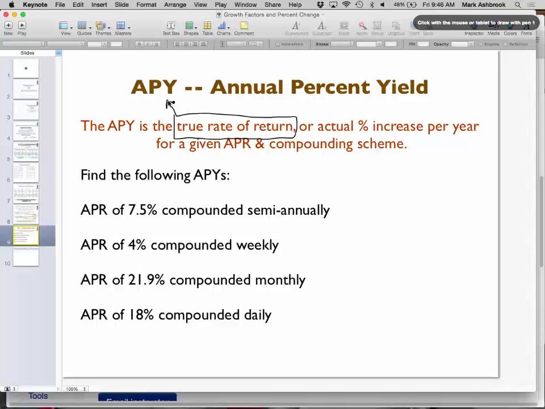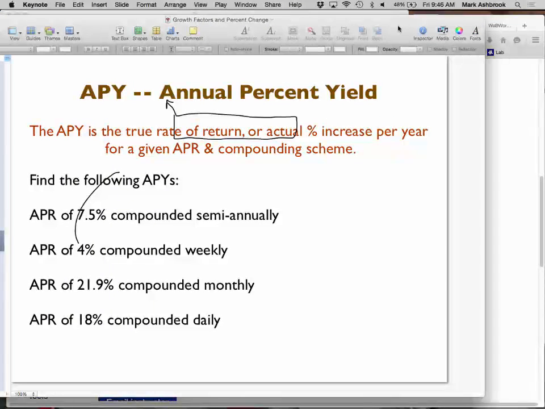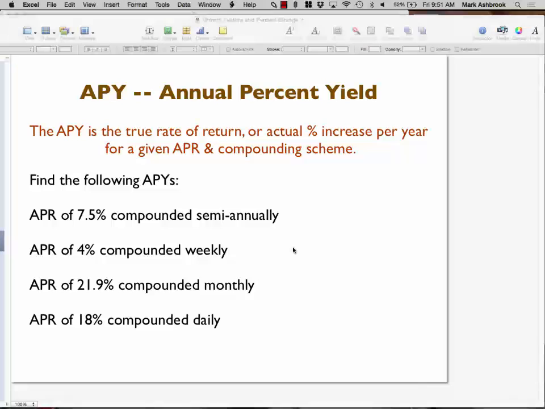So those two numbers you just found, the 9.2 something and the 9.38, those were called APY, annual percent yield, the actual percent increase. So here are some practice problems, and I'll take attendance. Homework for Monday along with web work, and then quiz and recitation.